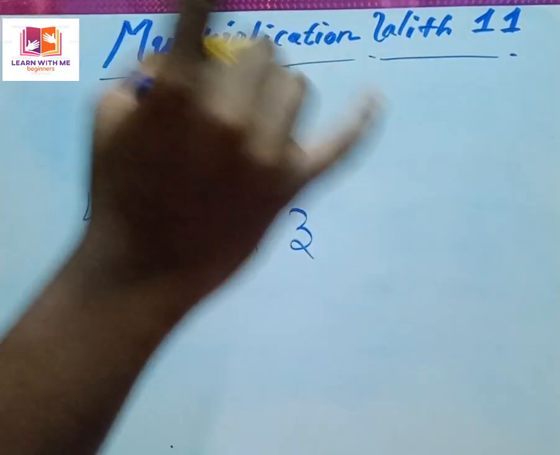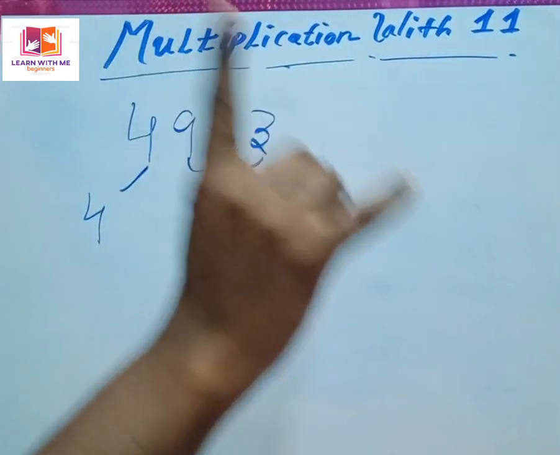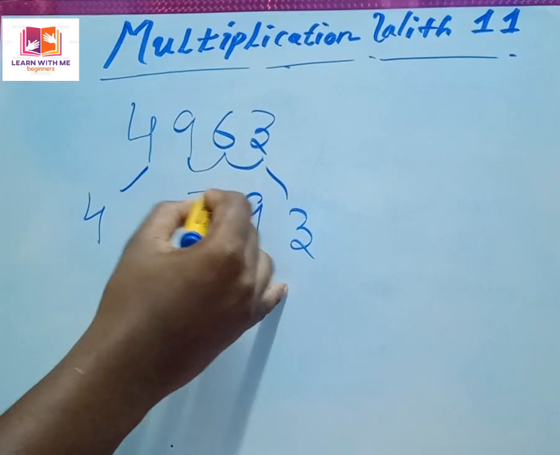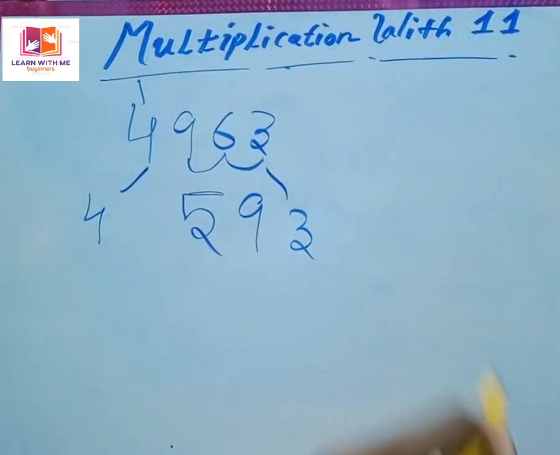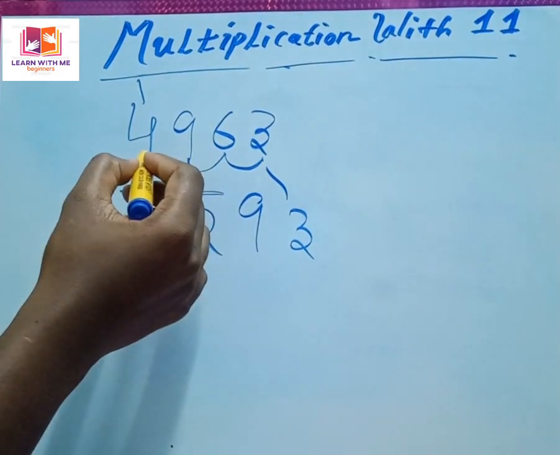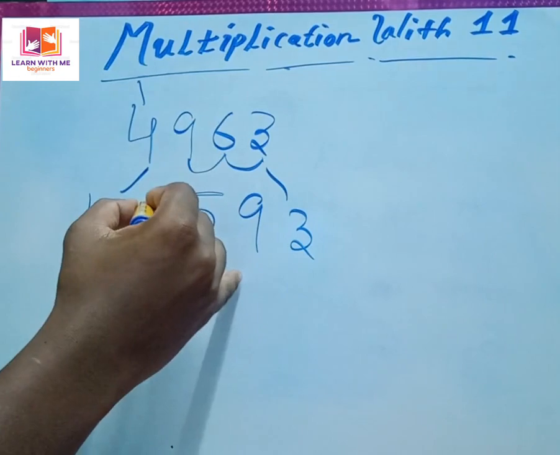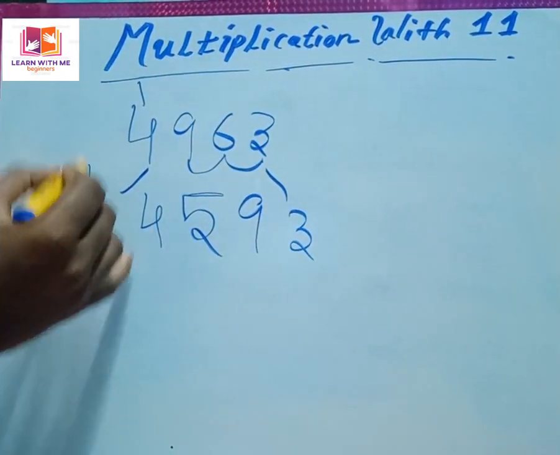Here you have to be very careful, we are getting carries. 9 plus 6 is 15, so 5, and the carry will add over here. Now when you add 9 plus 4, it is 13, plus 1 is 14, so 4, and that carry will add here.